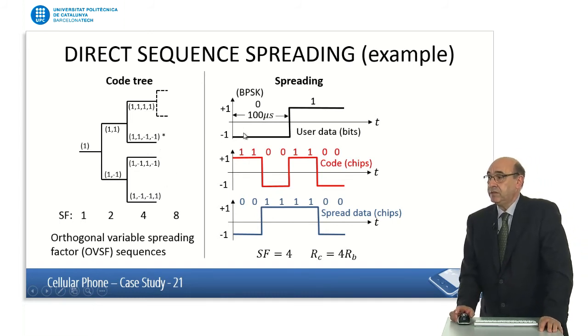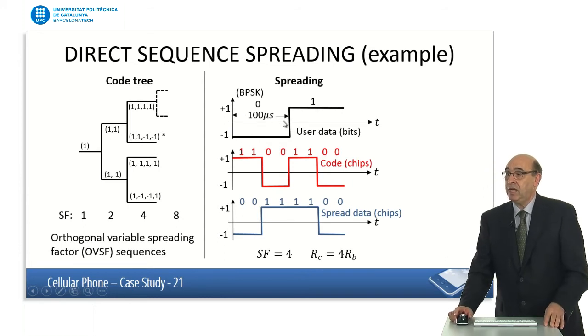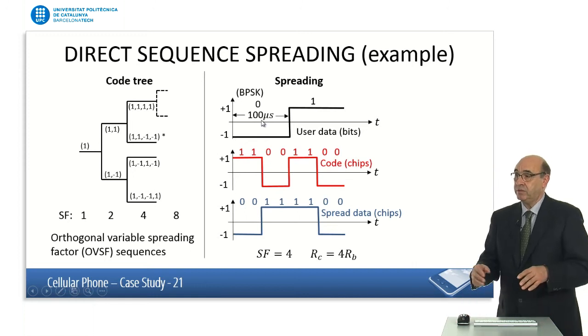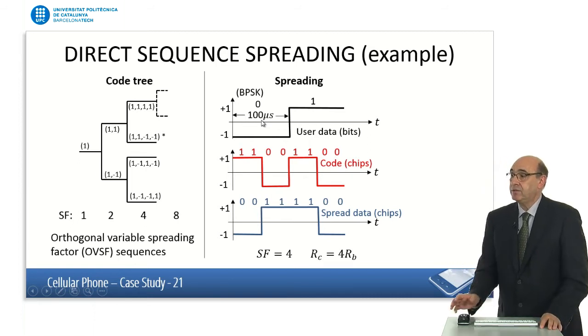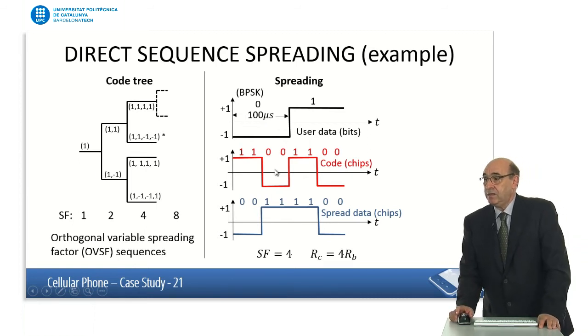You have here a simple binary sequence. Plus 1 is 1, minus 1 is 0. And let's assume the length of the pulse is 100 microseconds. And this is your data. That's the data that the user has to send. And here we have a code. And we select this code. This code goes 1, 1.